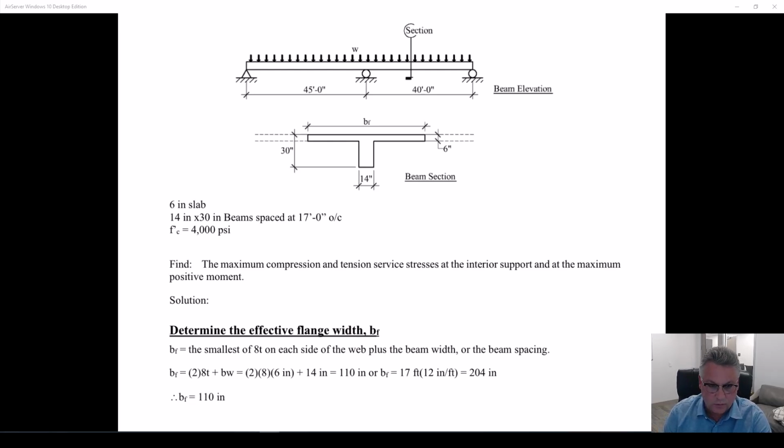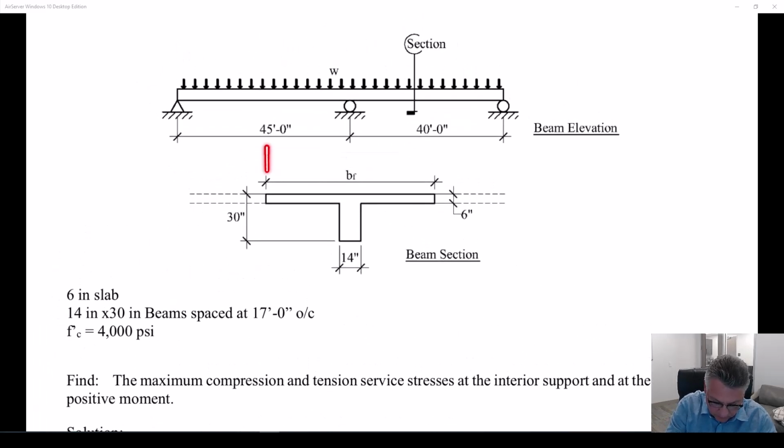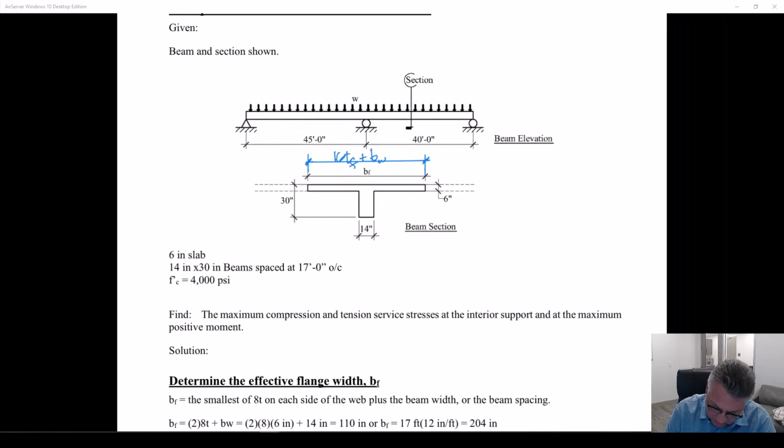This flange width is 16 flange thicknesses plus BW, or it's 8 T on each side.